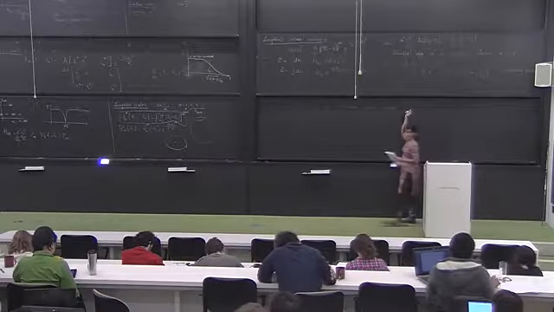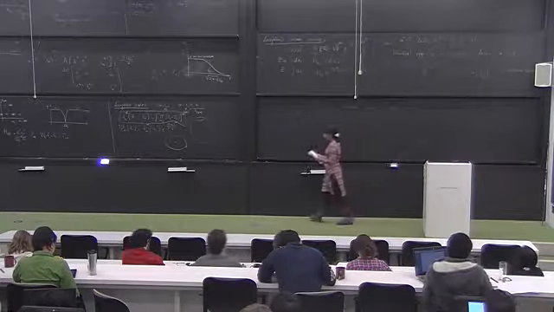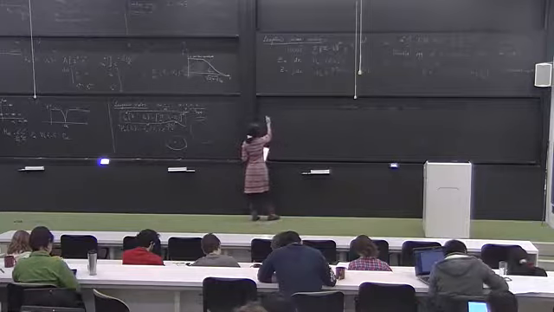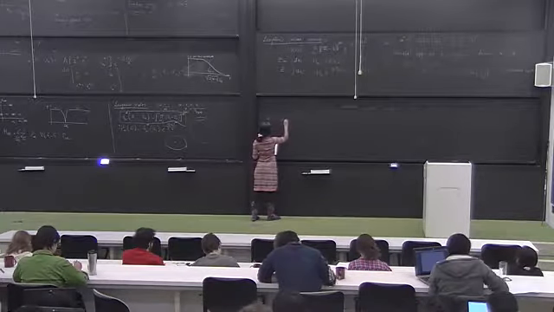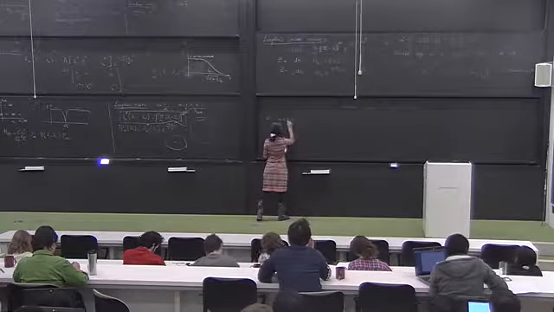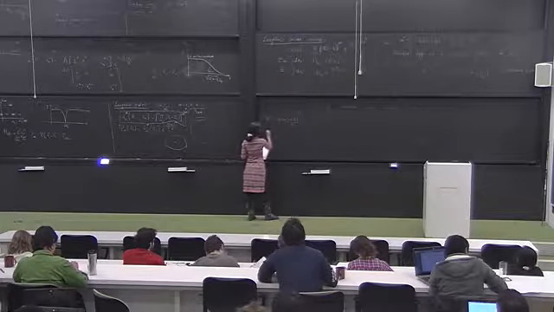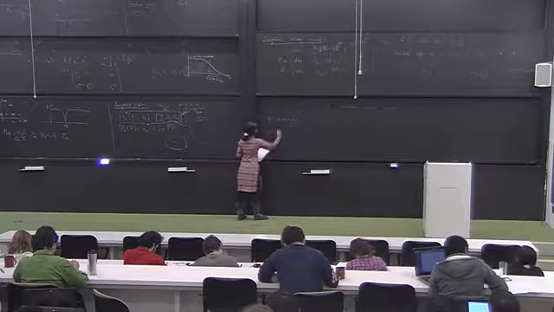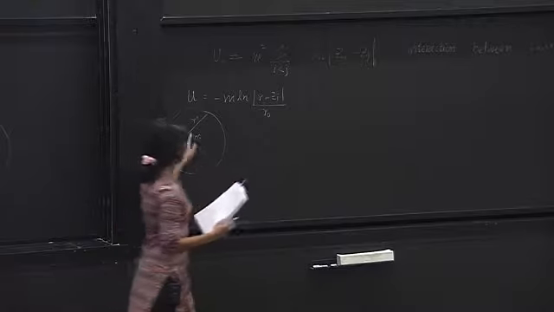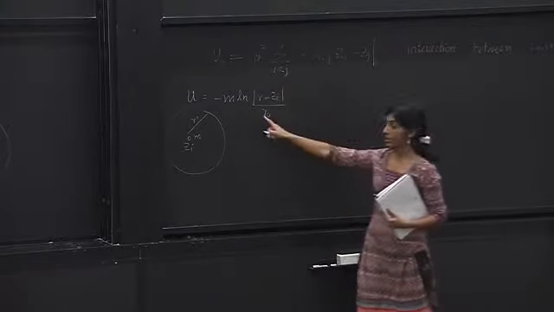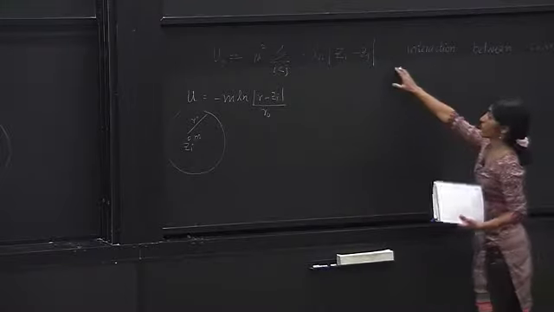Right? Does everyone see this? Each charge will create, from that formula up there, a potential U, which is minus m log of r minus zi over r0. So the particle is at zi, and this is a potential created by charge m at a distance r. And at that distance r, this is the potential energy between a second charge of charge m and the first one. Okay, so this bit is the interaction energy between charges with charge m.